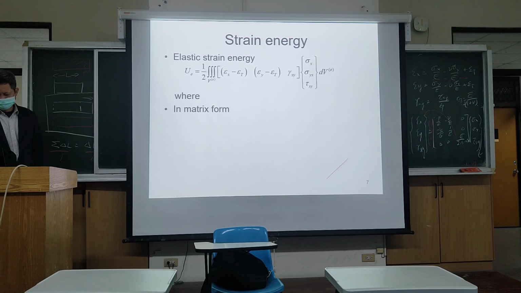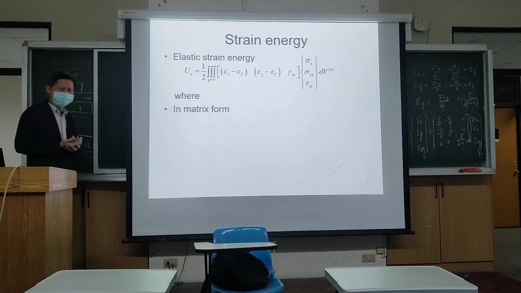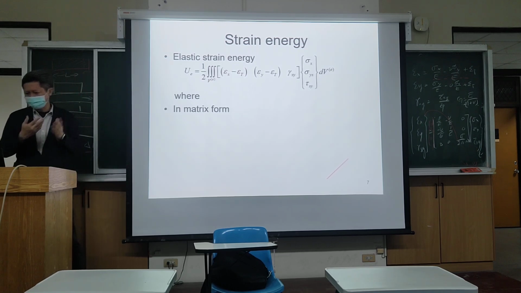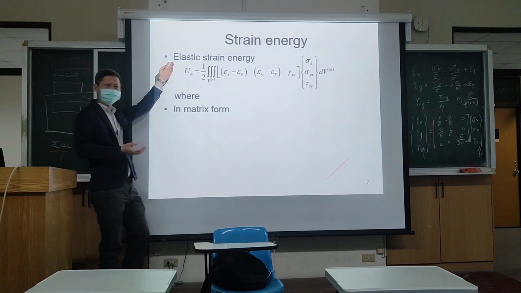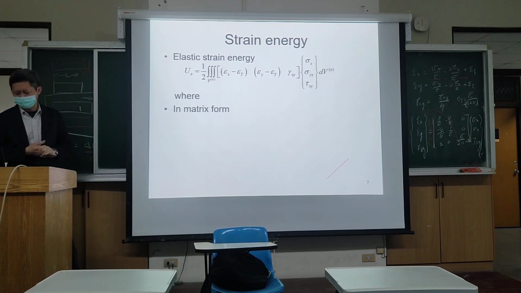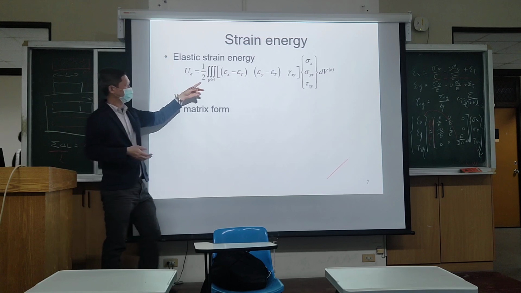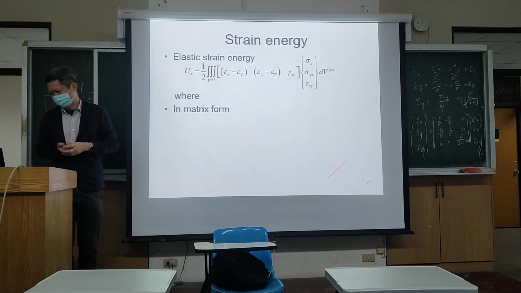Okay, now since you have realized that the mechanical strain is the total strain minus the thermally induced strain, the strain energy that we use in the derivation of the system matrix must also be expressed in terms of the total mechanical strain.